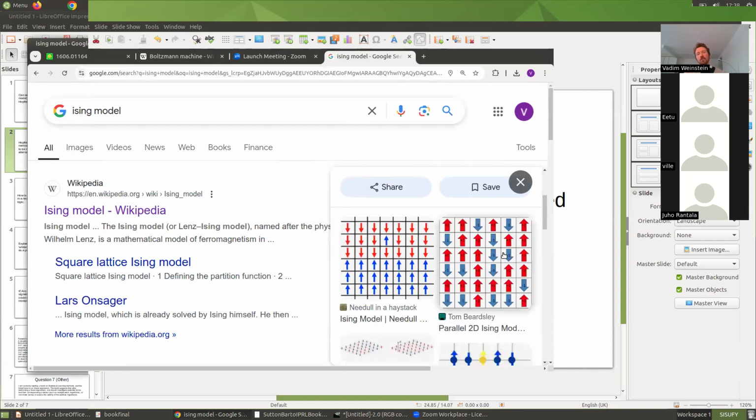Each magnet points up or points down. They really point towards you or away from you in this picture. And of course, the magnets spread their magnetic field around them. Whenever some magnet is facing up, it will push the neighboring magnets also to look up.